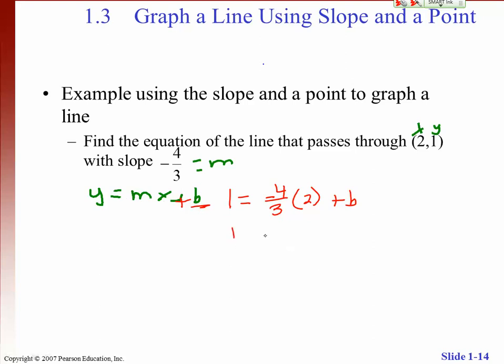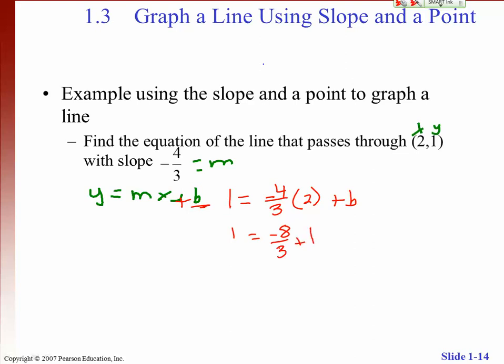So we get 1 equals -4/3... I keep writing 4. Erase all that. Okay, so what I really wanted to write was -8/3 plus b, but you knew that anyway, right?